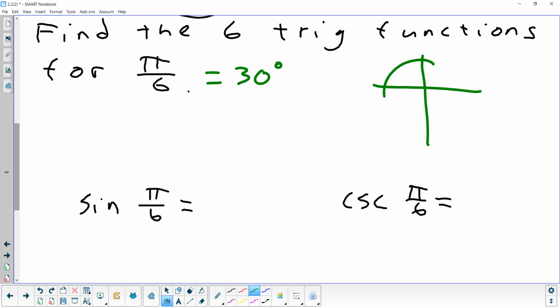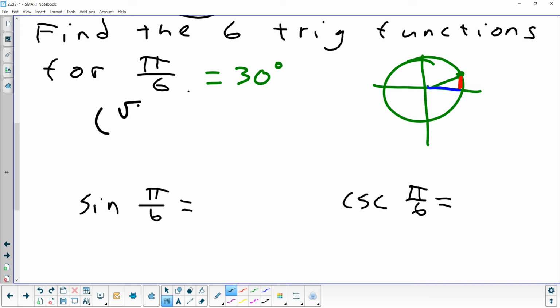So think about it like this. Here's your 30. In this case, that's my long side. That's my short side. So what's going to be my coordinate for 30 degrees? Yep, Jess?